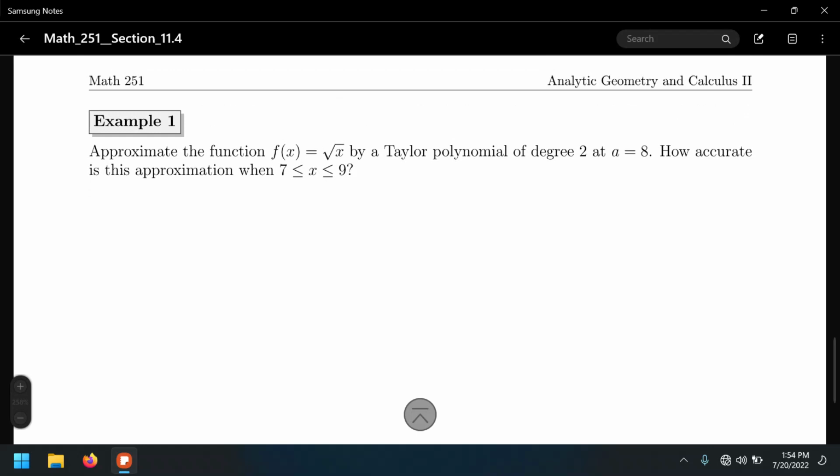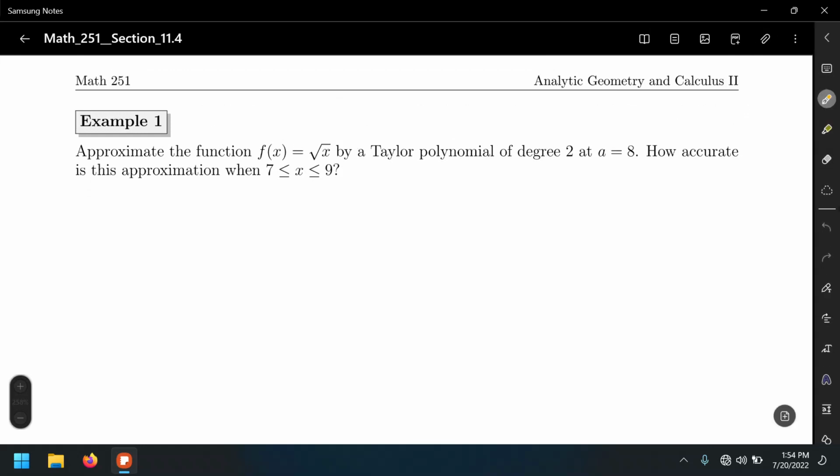So let's approximate the function f of x. And by the way, there's a little typo here. The function that we're supposed to work with is the cube root of x and not the square root. All right?